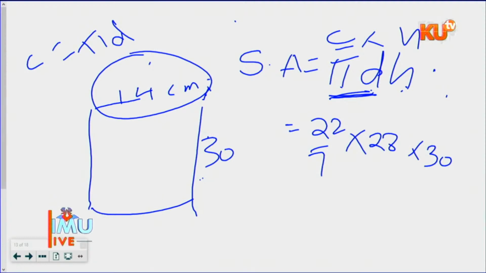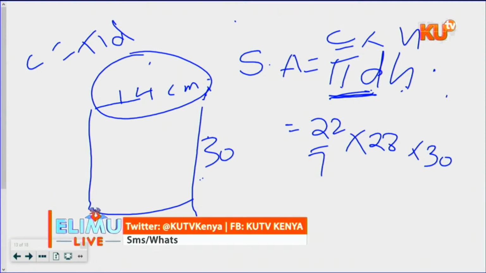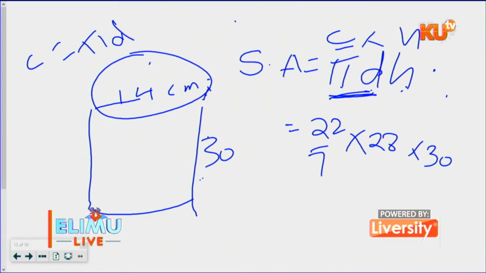So the surface area of the curved part is circumference times height, which is 22/7 times 28 times 30.